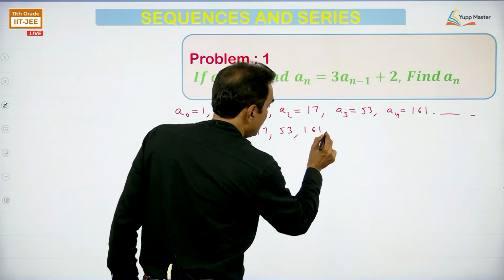If you observe the differences, 5 minus 1 is 4, 17 minus 5 is 12, 53 minus 17 is 36, and 161 minus 53 is 108, and so on. Now you can observe that this is a GP. 4 into 3 is 12, 12 into 3 is 36, 36 into 3 is 108, and so on.